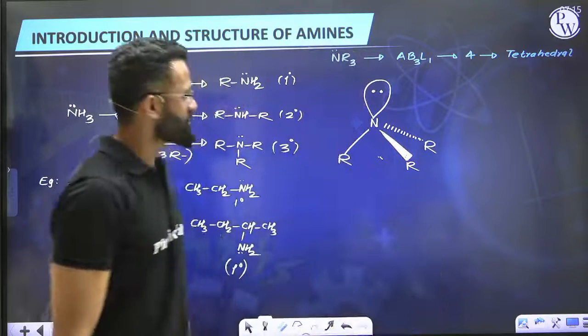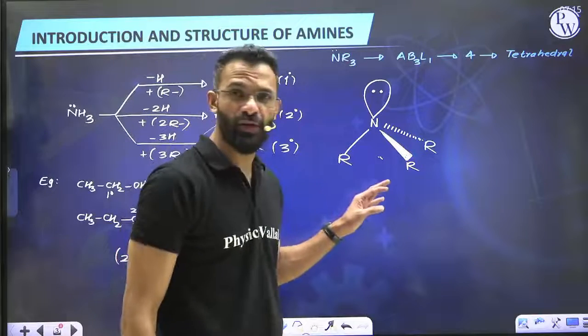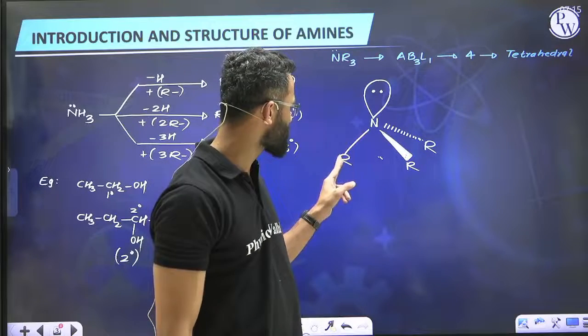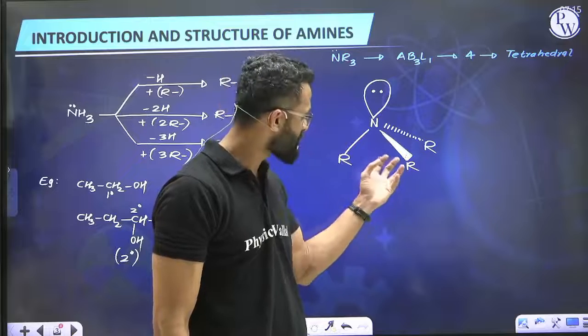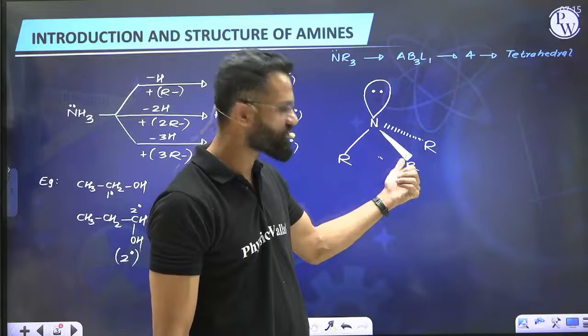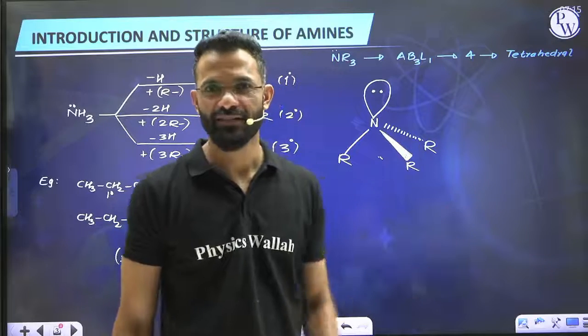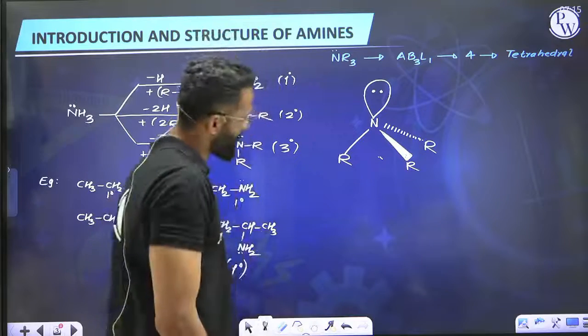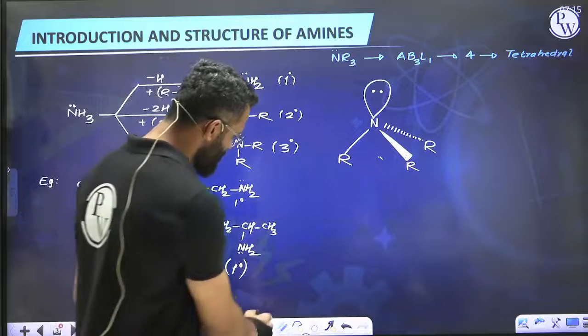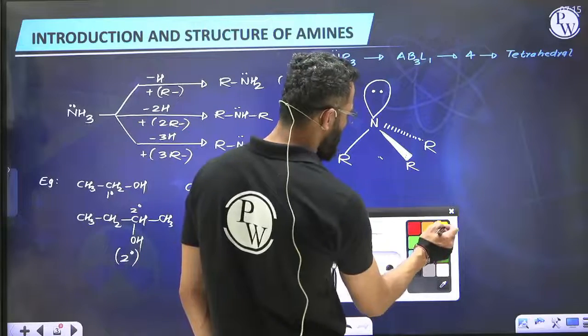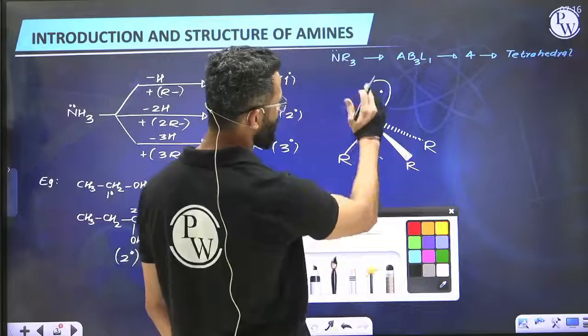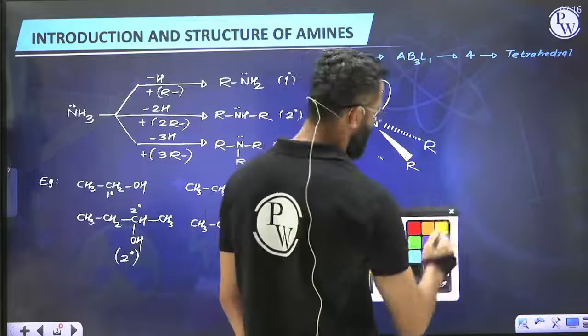So in this molecule, 1 bond of an alkyl group is in the plane of paper, another is coming outside the plane on the solid wedge, and 1 more is going behind the plane on the dashed line. In such a case, the 4 electron pairs, 3 bond pairs and 1 lone pair, are oriented at the 4 corners of a regular tetrahedron.